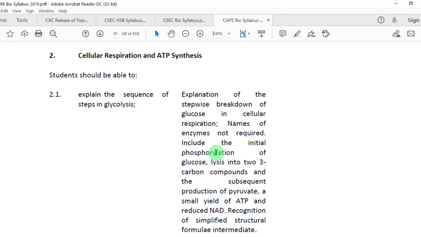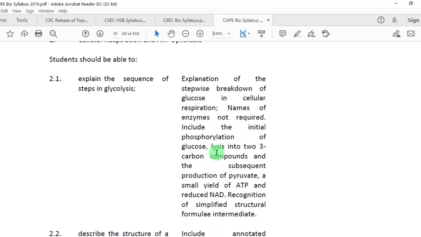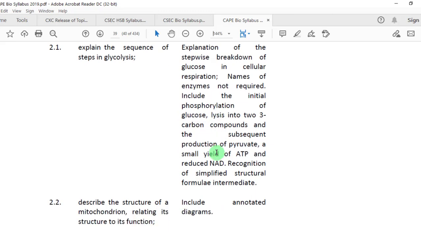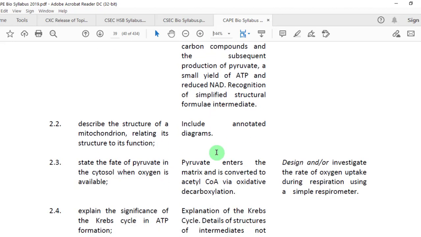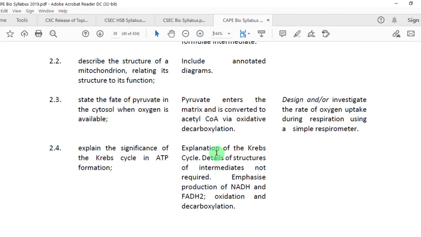So what I'm doing in the document is, for the explanatory notes, I will list them out and try to break it down as much as I can, so that you can literally tick off, okay, I did this, I did this, I did this. Alright?